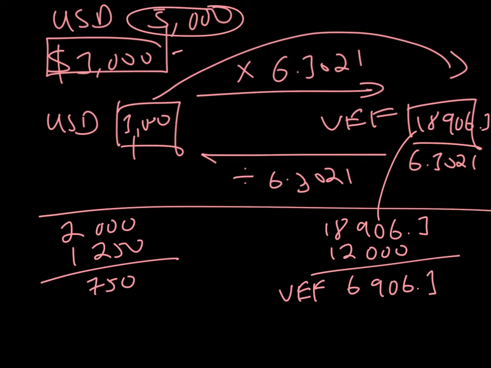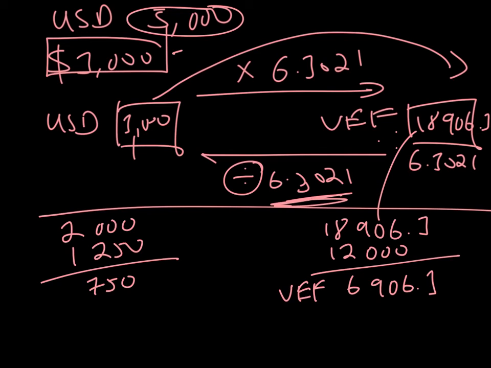So in order to get from Venezuelan bolivars back to the dollars using our function machine here, we're going to have to divide. However, the exchange rate is different, and we're told the exchange rate is now 8.7268.